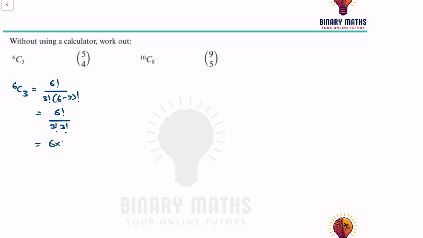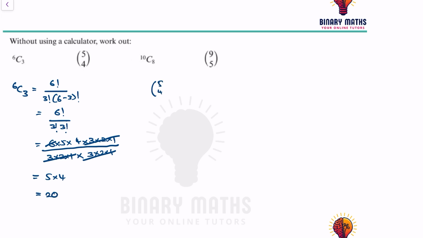That is 6 times 5 times 4 times 3 times 2 times 1, all over 3 times 2 times 1, times 3 times 2 times 1. Now we can cross out 3 times 2 times 1 in the numerator and the denominator because they're common to both. 3 times 2 times 1 is 6, and there's a factor of 6 at the top as well. So all we're left with is 5 times 4, which is 20.